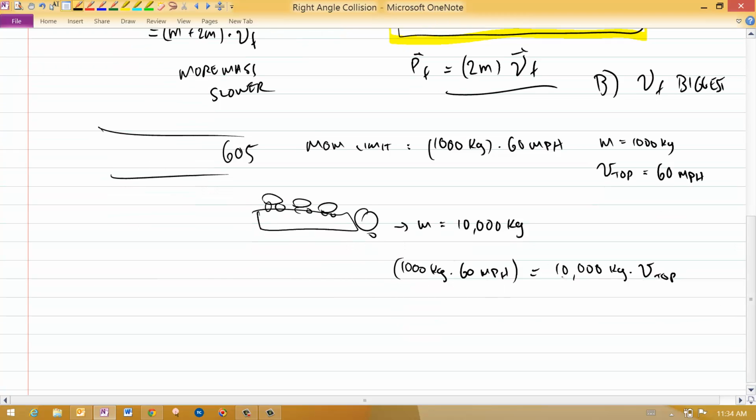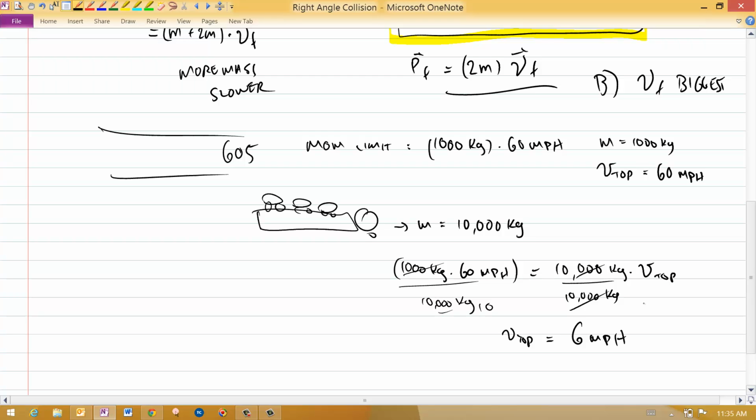So just divide both sides by this 10,000 kilograms. That cancels off and leaves a factor of 10. We get v top for the car carrier would be 6 miles per hour.